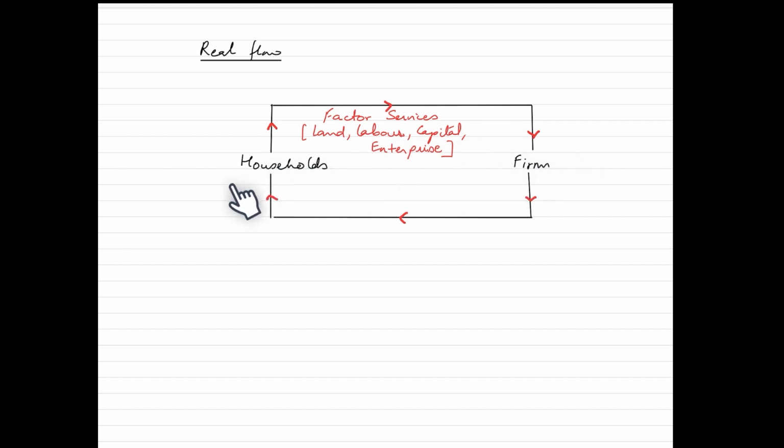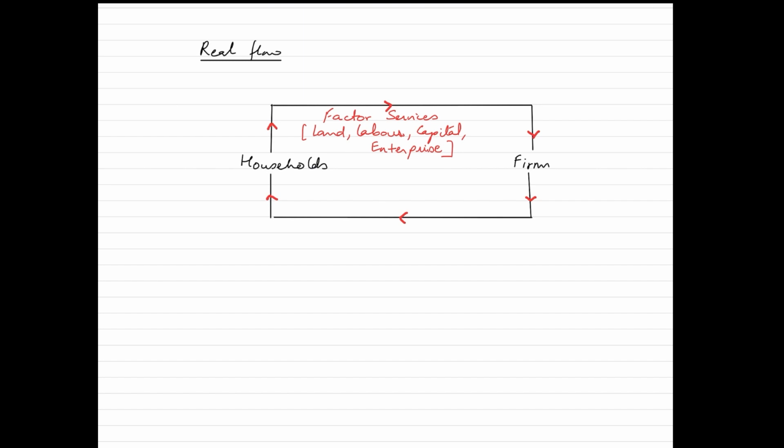I'm sure you all know what households and firms mean, but for the benefit of those who are new to the field of economics, households refers to a group of people who live under one roof. Firms, on the other hand, are the production units or factories where goods and services are produced. Alright, so let's get back again.